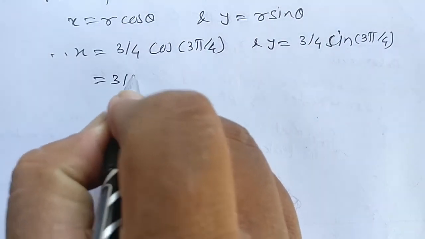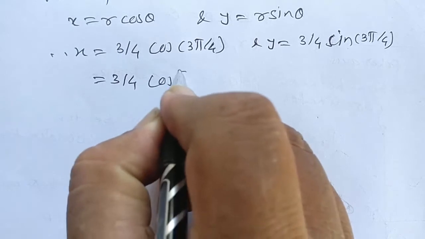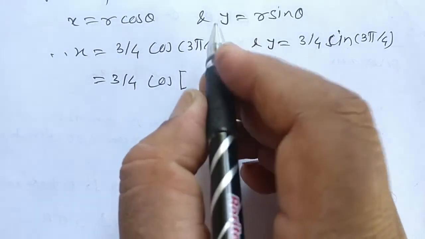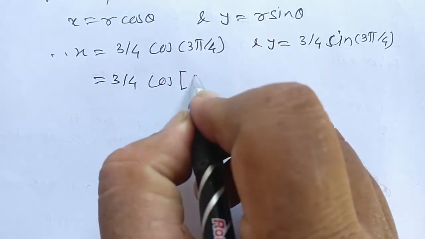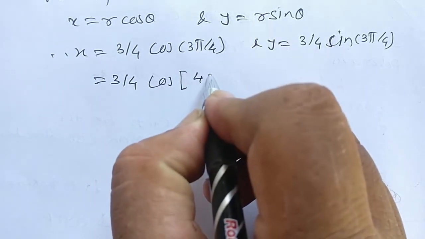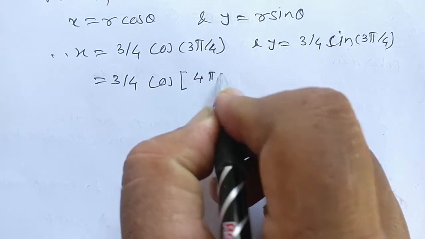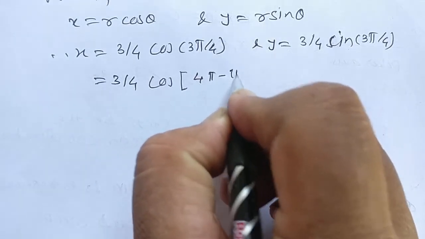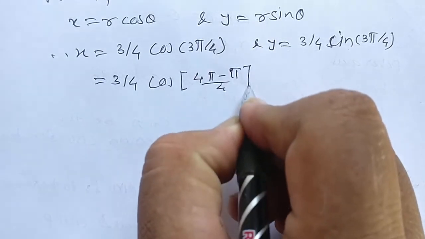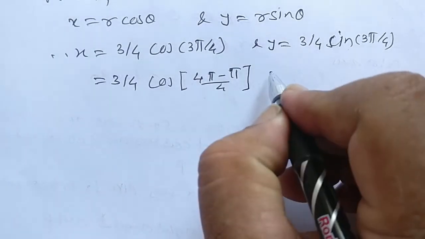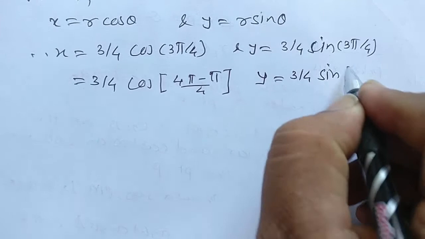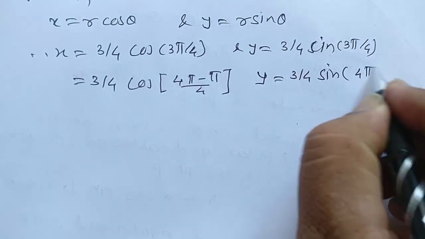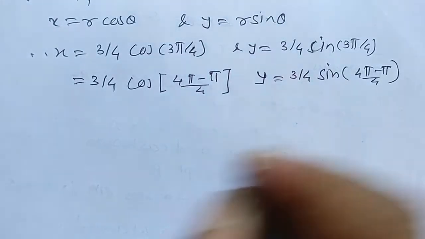It is equal to 3 by 4 cos of the bracket, here 3 means 4 pi minus pi divided by 4. y is equal to 3 by 4 sin of 4 pi minus pi divided by 4.